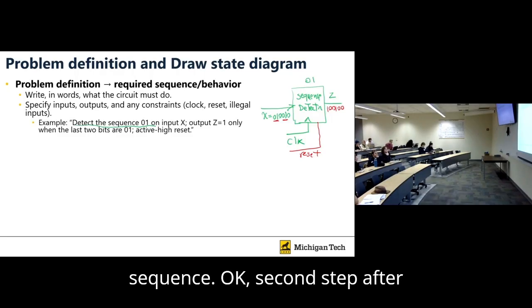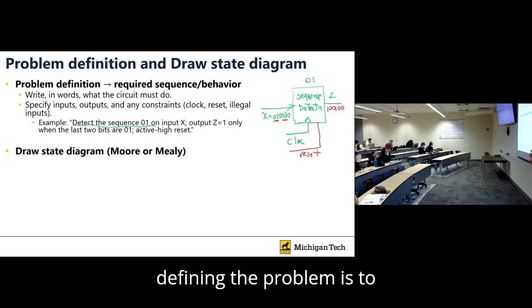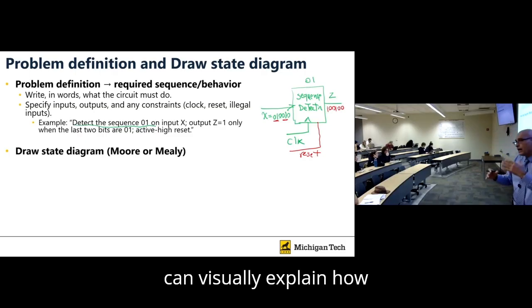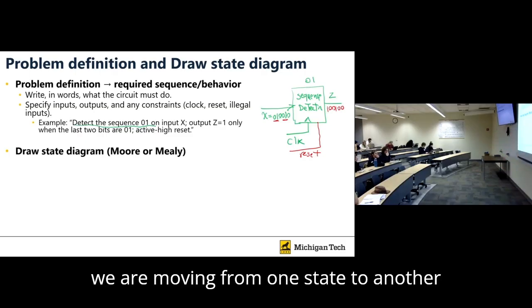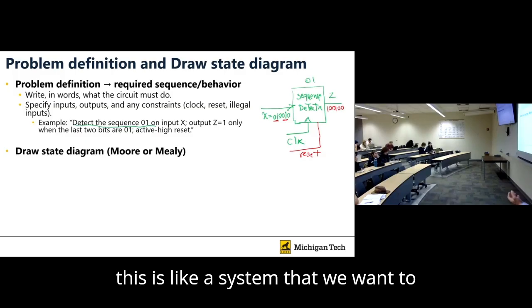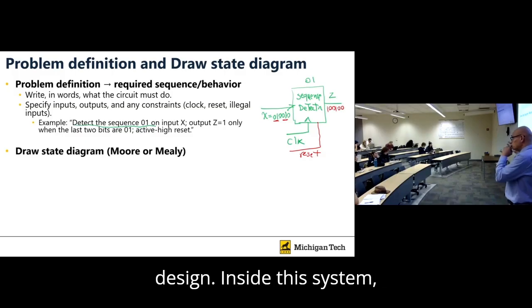Okay, the second step, after defining the problem, is to draw a state diagram. The state diagram is also visual. You can visually explain how we are moving from one state to another state. This is like a system that we want to design.